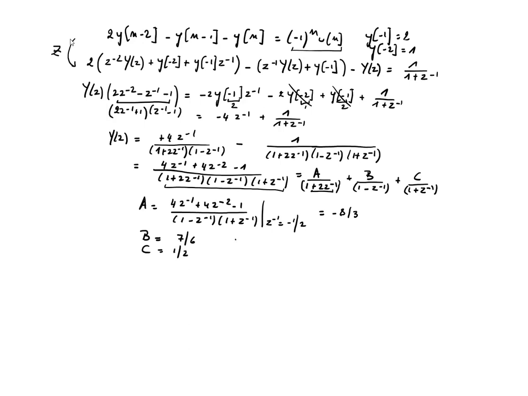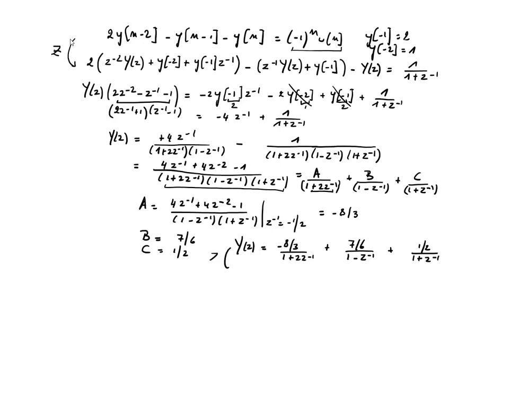So y(z) is equal to minus 8 thirds over 1 plus 2z^-1, plus 7 over 6 over 1 minus z^-1 here, and plus a half over 1 plus z^-1.